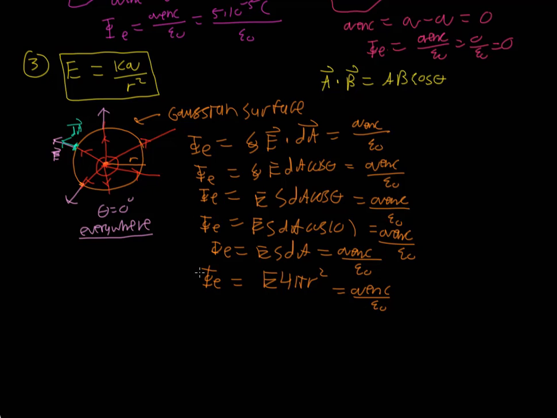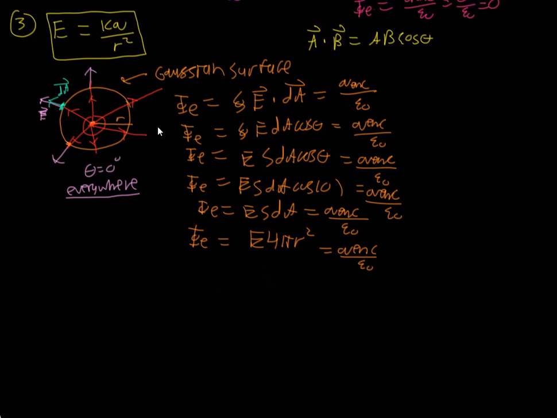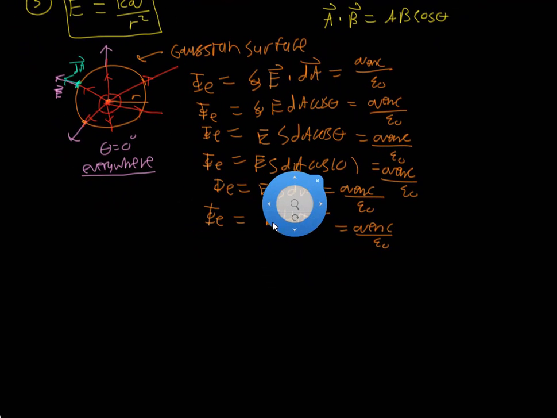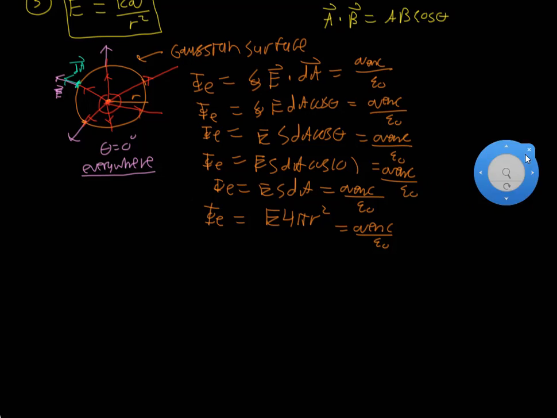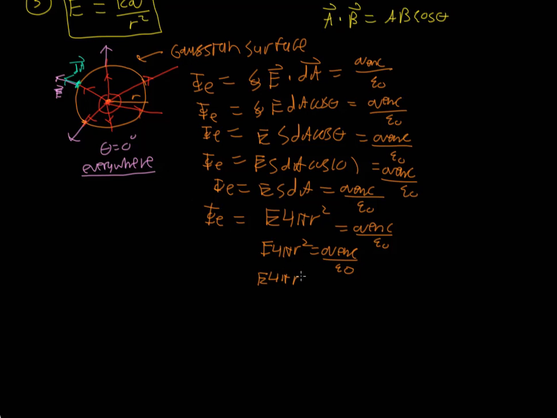And so I'm going to ditch the electric flux variable, because we're actually using this to solve for the magnitude of the electric field due to the point charge. So from this, we just have this, right? And we can write epsilon naught as 1 over 4 pi k, so I'm actually going to do that first.